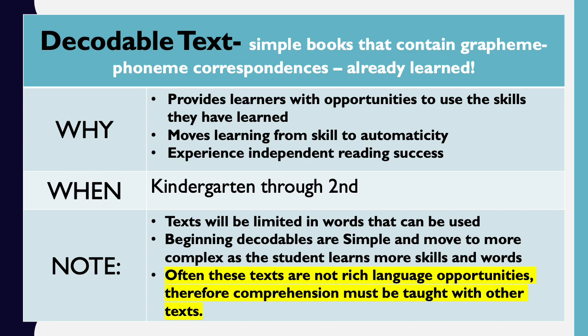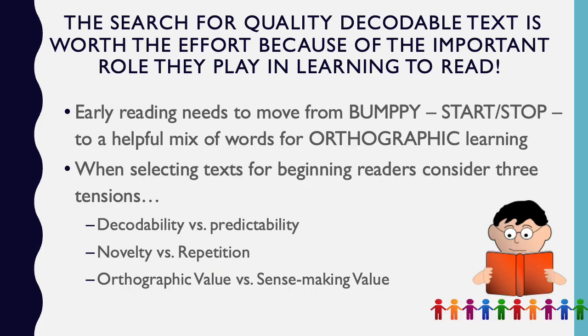This is the role the teacher plays, to really experience read-alouds and shared reading and other rich opportunities. But decodable texts are part of the phonics lesson plan and provide additional opportunities for students to practice. The search for quality decodable texts is worth the effort because of the important role they play in learning to read.